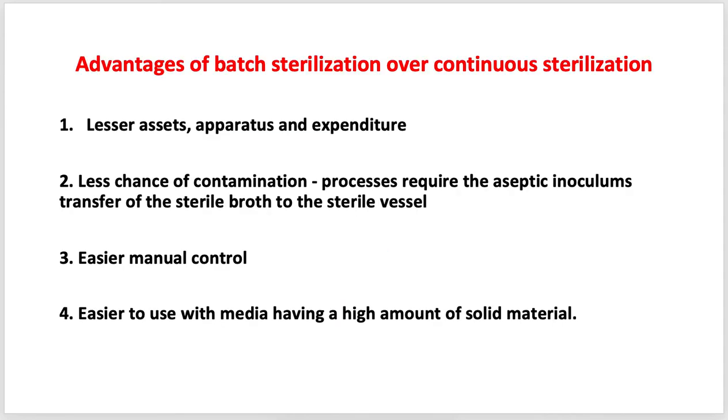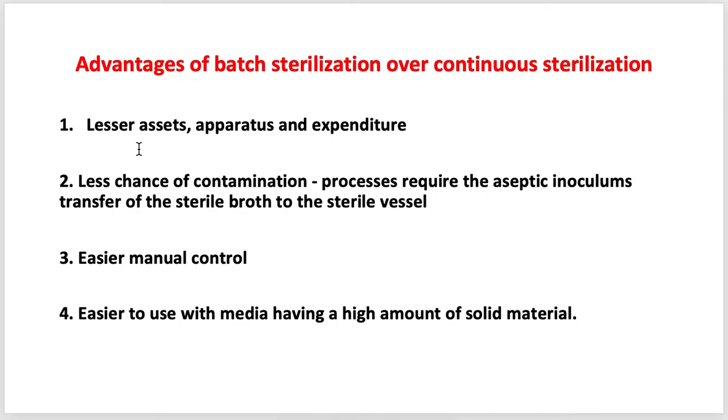Although continuous sterilization has several advantages over batch sterilization, batch sterilization also has some advantages over continuous sterilization. So what are those? In case of batch sterilization, lower assets, apparatus and expenditure.